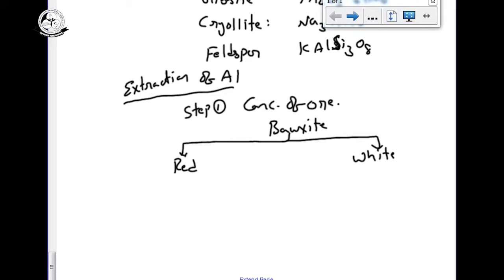Red bauxite means the impurity in our aluminum ore is iron. White bauxite means the impurity is sand. Sand is colorless, so that is white bauxite. Iron looks red, so that is red bauxite.